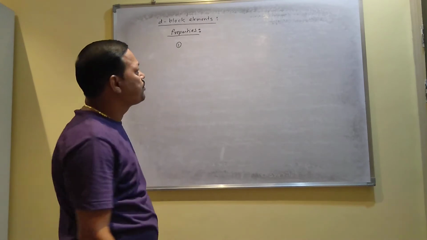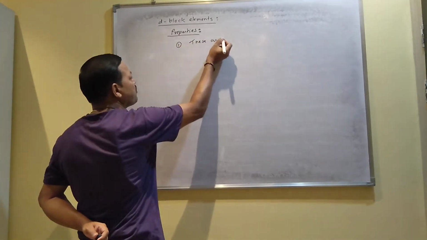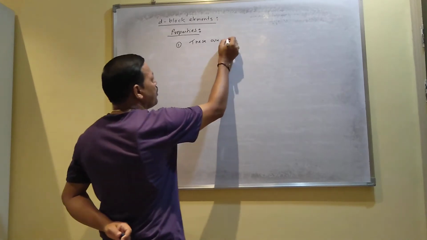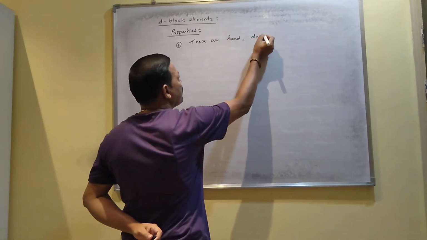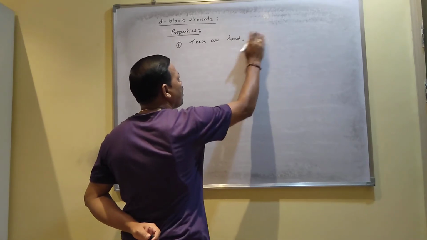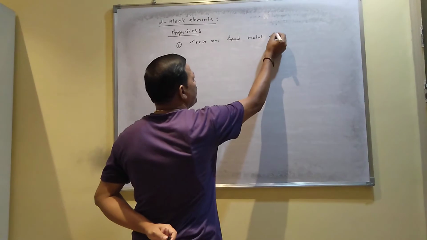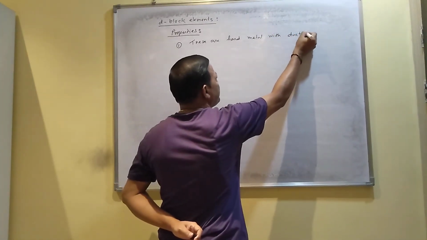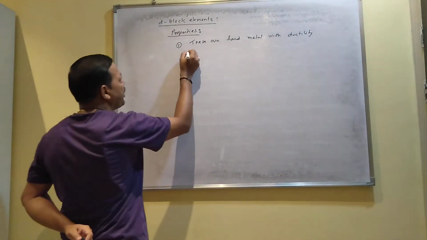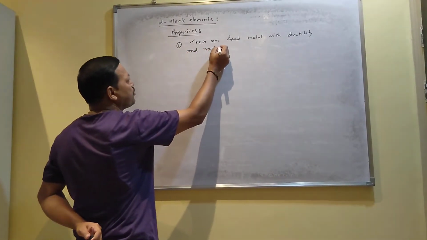Number one, these are hard metals with ductility and malleability character.